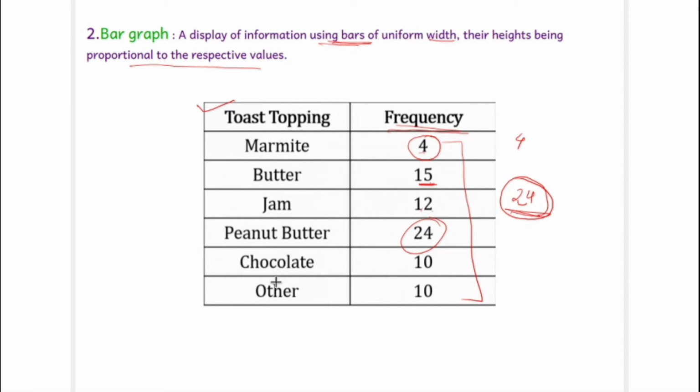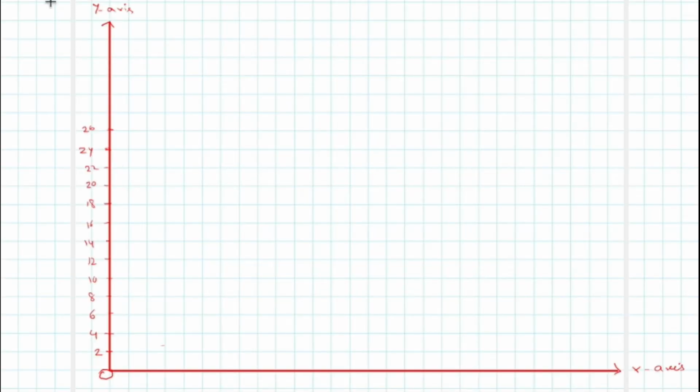Now how to draw it? Let's get started. For marmite the frequency is 4. So we will draw marmite first of all. See, from 0 we have leave one box here. So here also we will leave one box and we will start drawing our bars. For marmite the frequency is 4. So first of all we will mark here 4. Then we will draw the bar.